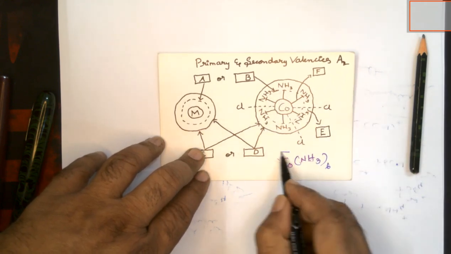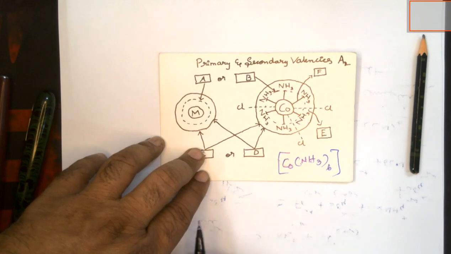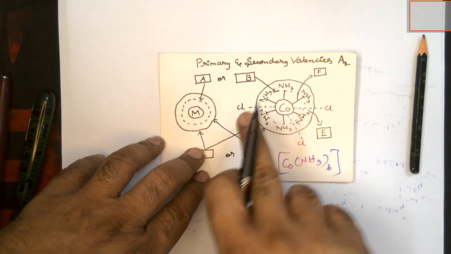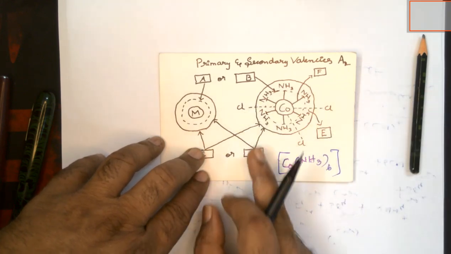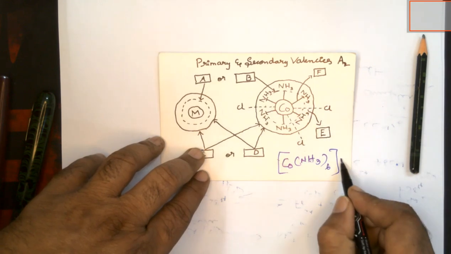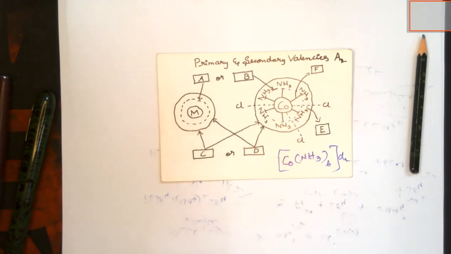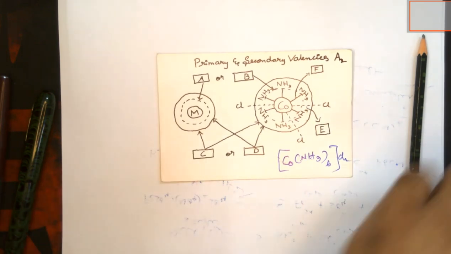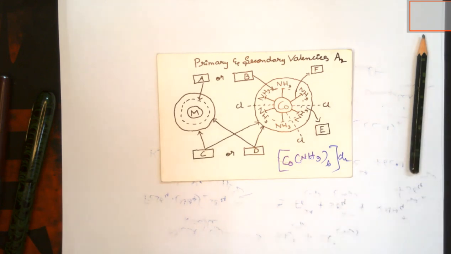They are tightly bound within the coordination sphere, and outside the coordination sphere there are ionizable valencies, that is Cl2. Do you understand this? So these are the two types of valencies.